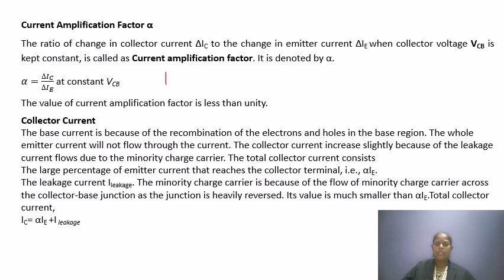So what is Kirchhoff's law? Kirchhoff's law states IE is equal to IB plus IC. In this case, IB is approximately equal to 0.